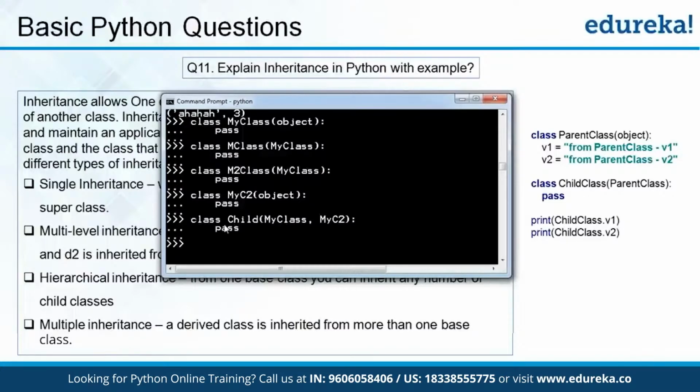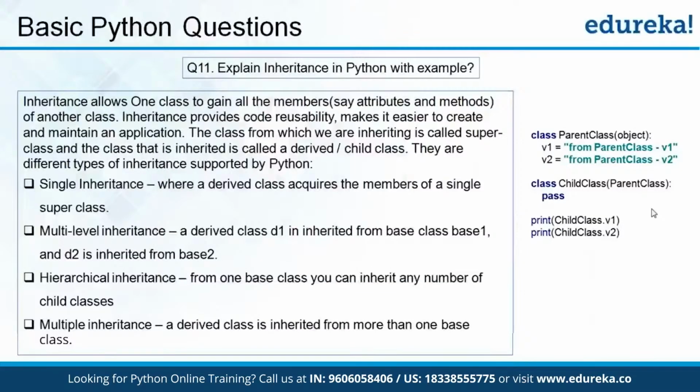Something like this. So child will derive from two different superclasses. Are you clear as to what exactly inheritance is? So you've got an example here, v1, v2, child class, parent class, pass, and v1 and v2. So this is basically what you mean by inheritance in Python. Okay, moving on to the next part.